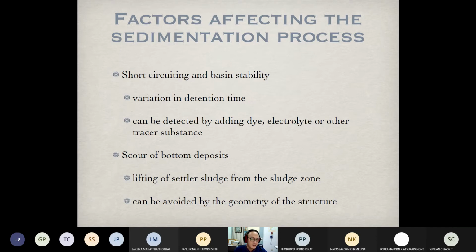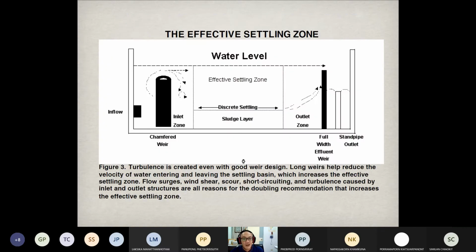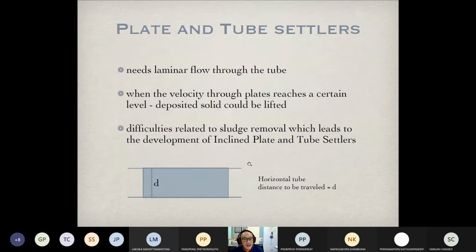Under anaerobic conditions, the organic matter can be degraded and methane gas is formed. So you find bubbles of methane gas coming up, or nitrogen bubbles occurring due to the denitrification process. So this is also possible inside the sedimentation basins. So this is all about the settling tank.